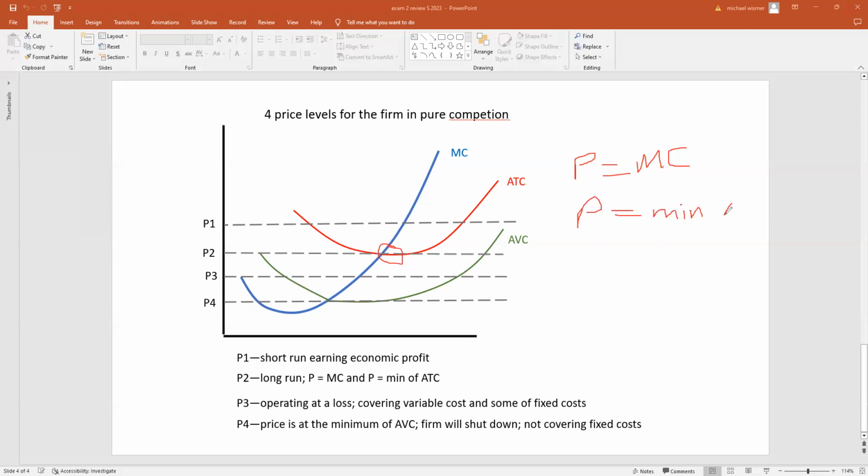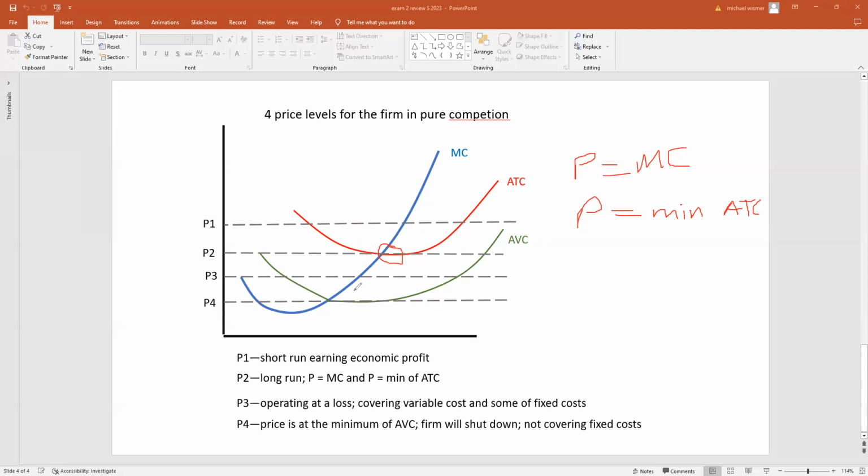That's the situation that we're looking for in terms of basically an equilibrium. And that's what we see here at P2. That's kind of the long run situation for firms in the industry of pure competition.